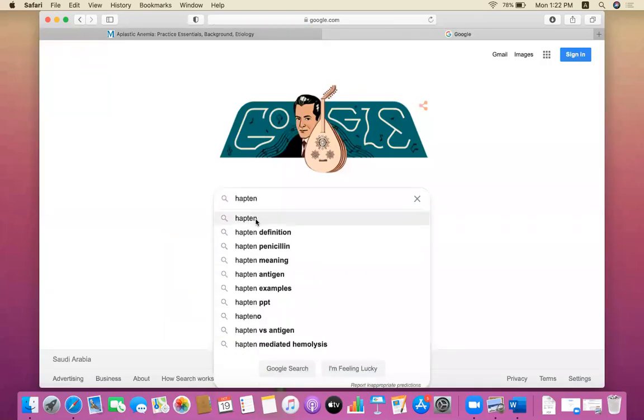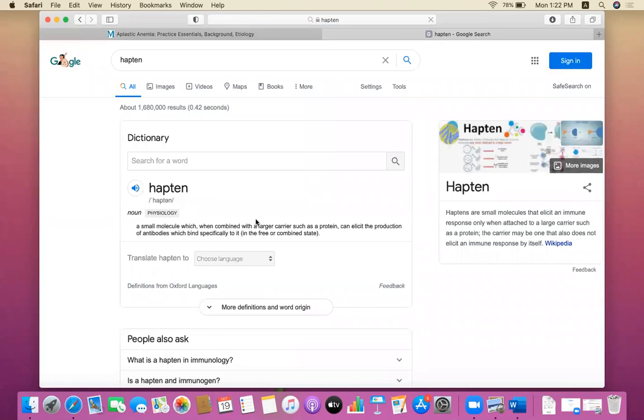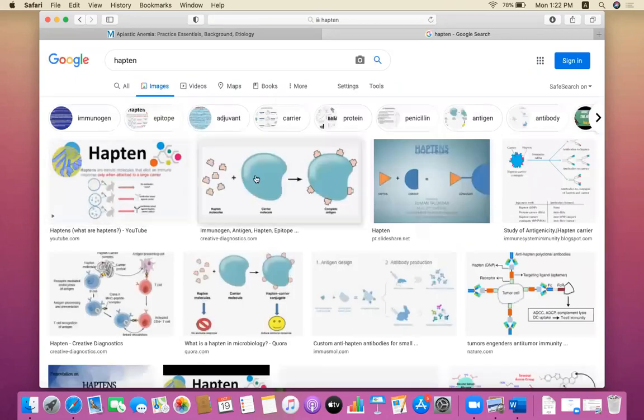Stay on the line. What is a hapten? A hapten is a small molecule which, when combined with larger carriers such as protein, can elicit the production of antibody which binds specifically to it. Let us see an image of a hapten.